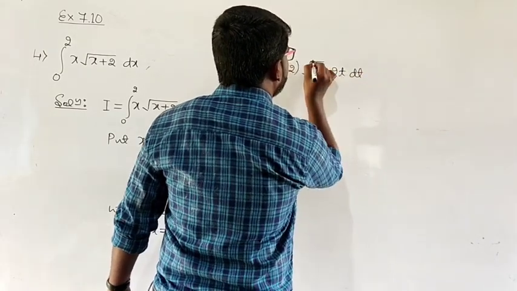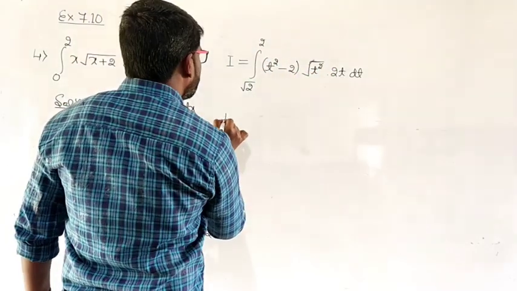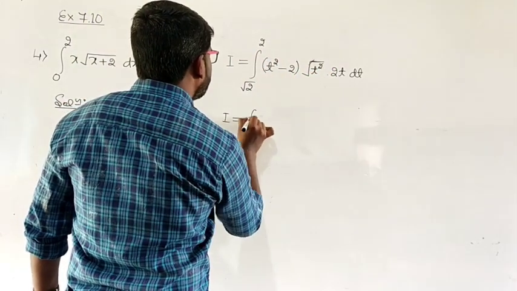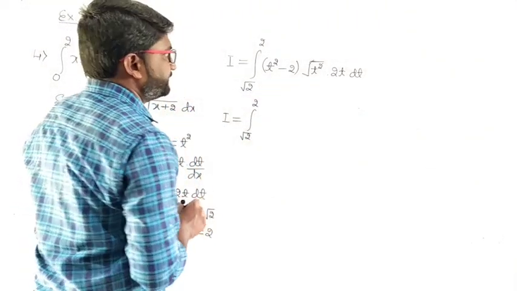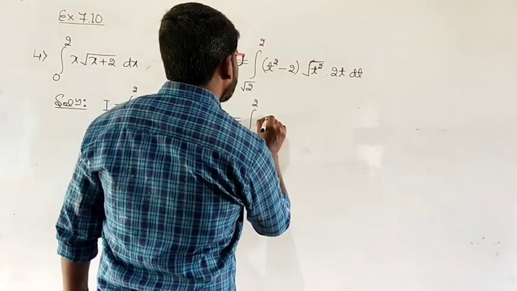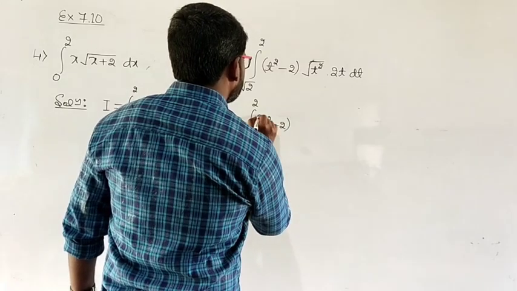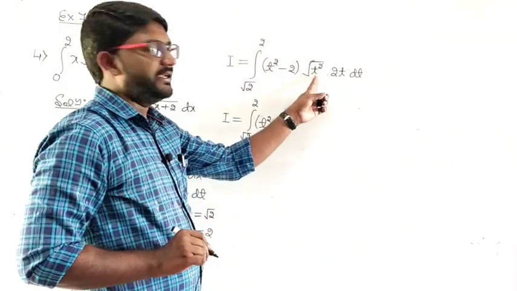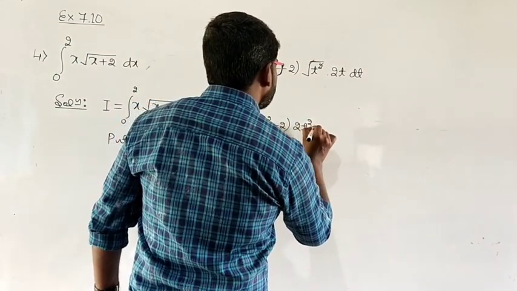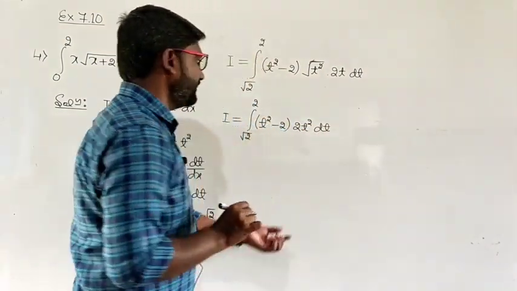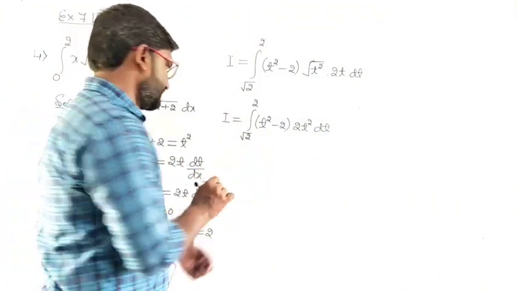Here the square and root cancel. I equals integral root 2 to 2, then t square minus 2, then t into 2t, which is 2t square, into dt. Now multiply 2t square with these two terms.